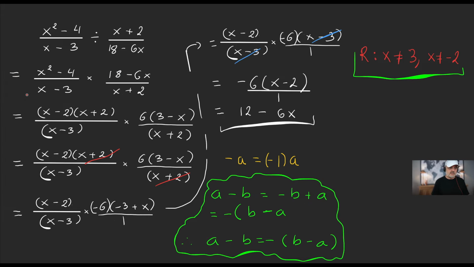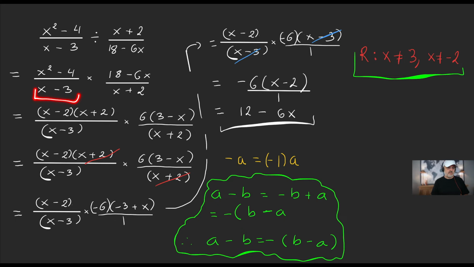Let's proceed to the next step. You attempt factoring when applicable, of course. Difference of squares we'll be talking about in another video; if you're not familiar with how to find factors using difference of squares, please make sure to see that. For the time being, x squared minus 4 converts to the product of the binomials x minus 2 times x plus 2.